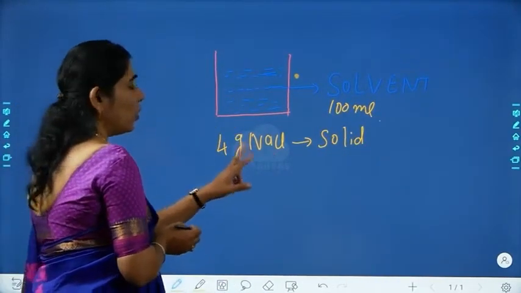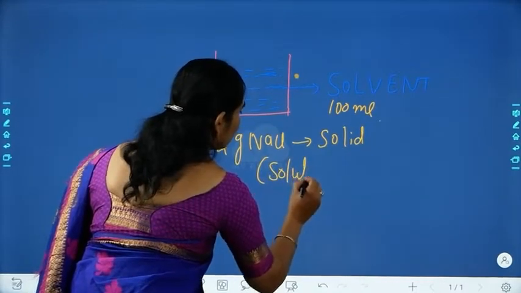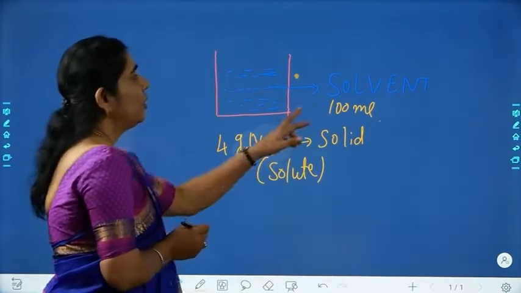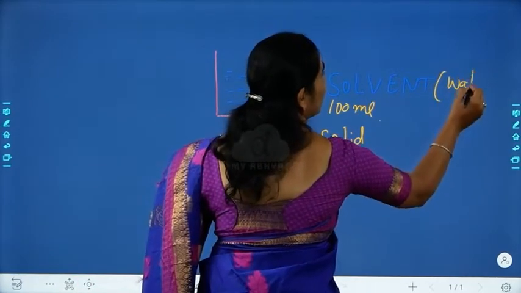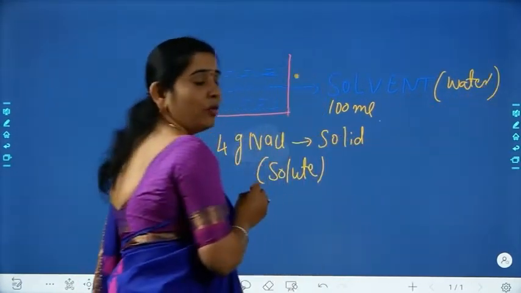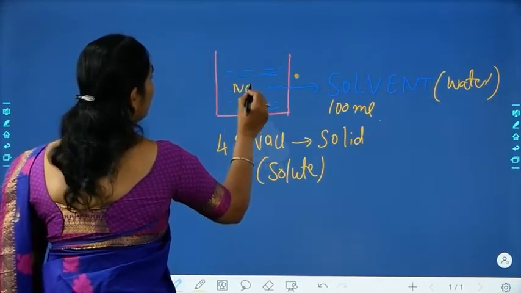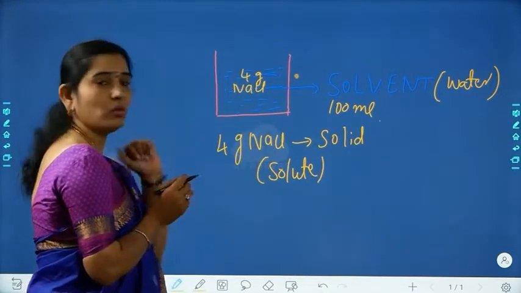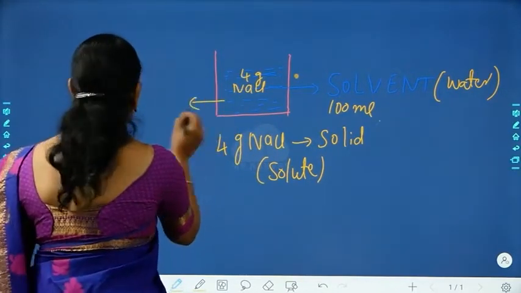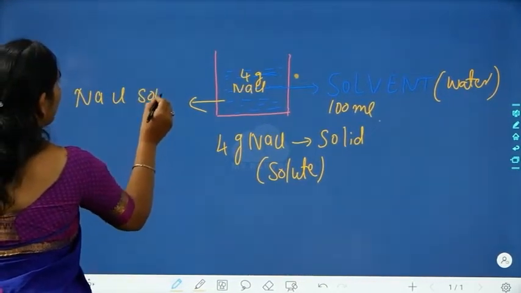This solid sodium chloride I will call the solute, whereas water is the solvent. After adding the 4 grams of sodium chloride solid into this water, I will get sodium chloride solution.